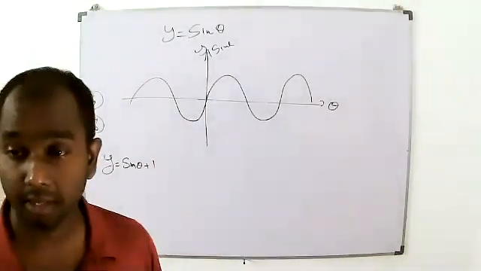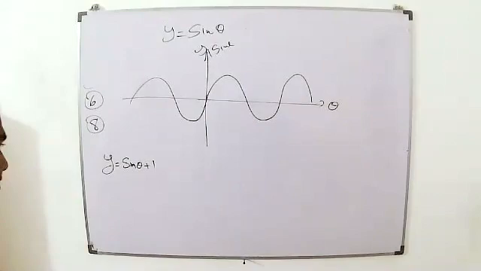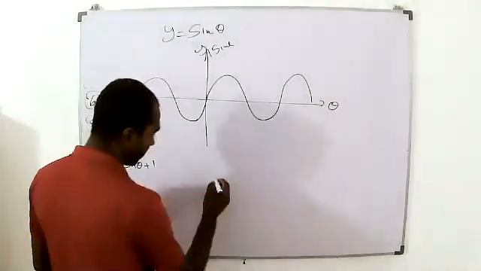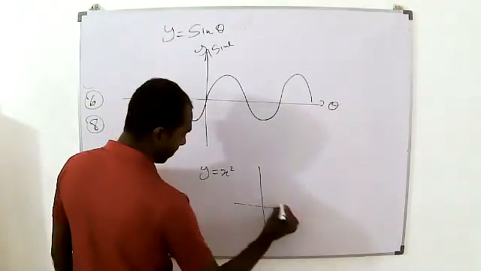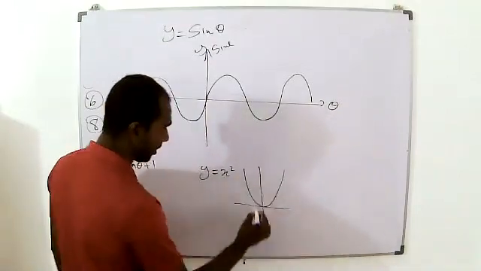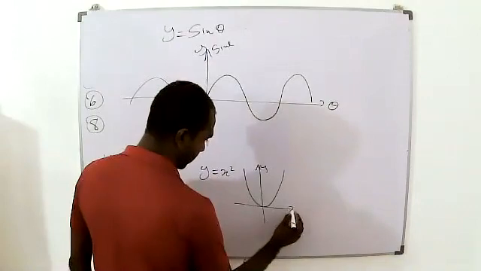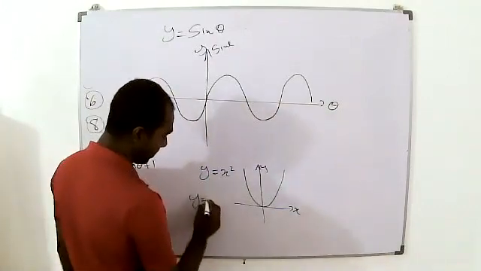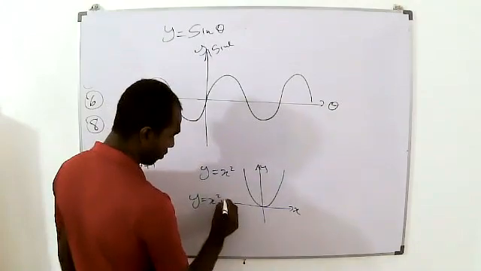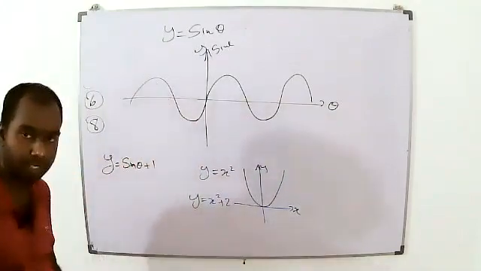Now try to remember the lesson that we did, transformation of graphs. Just think about this one. Y equals x squared. How will the graph look? The graph will look like this, with y and x here. What if I am to draw y equals x to the power 2 plus 2? What will happen to this graph?